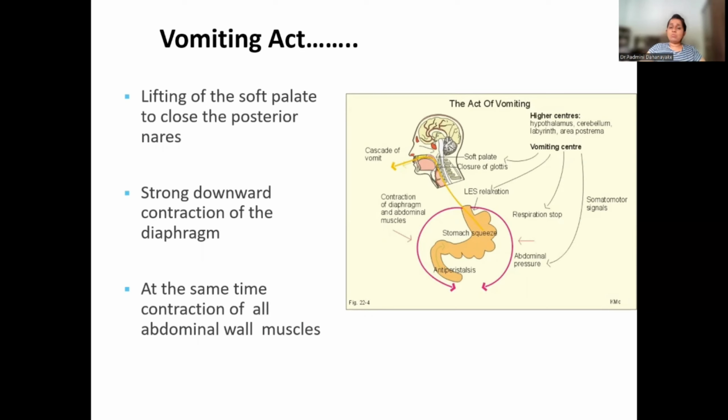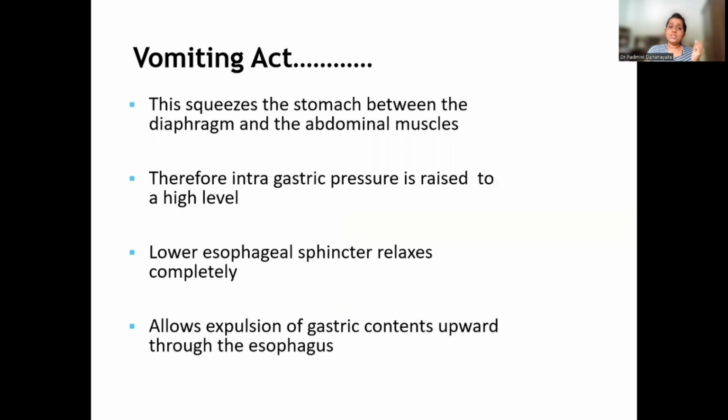Then what will happen? There is strong downward contraction of the diaphragm. At the same time, with this contraction of the diaphragm, your abdominal wall muscles also will be contracted, okay, with the help of the spinal nerves. These things will happen within a fraction of a second, okay? This will not take hours and hours. This will be a very coordinated mechanism.